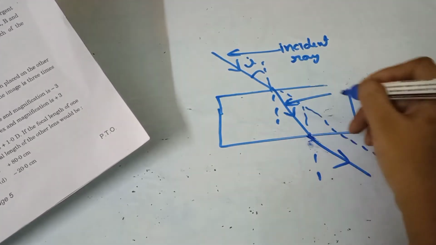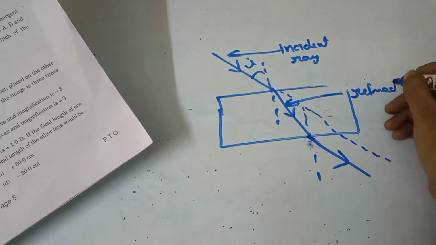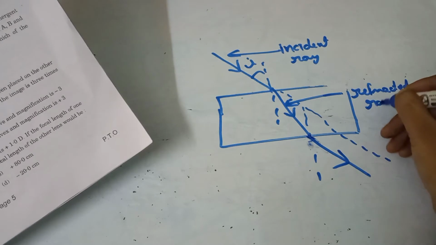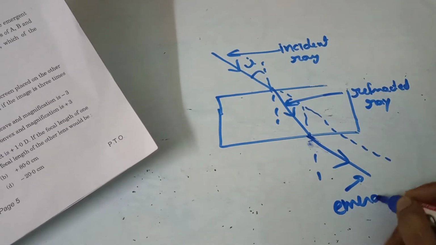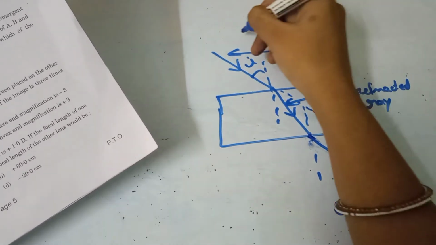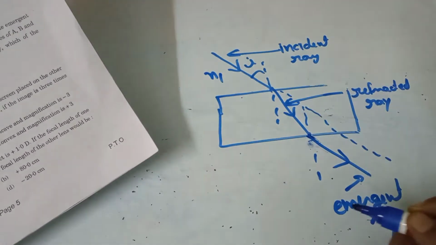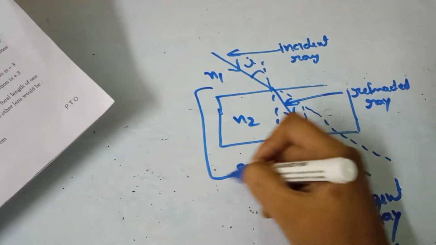This is the refracted ray, and this is the emergent ray. Here the medium is N1, here the medium is N2, here the medium is N3.